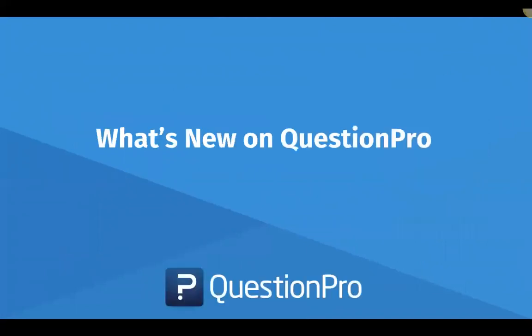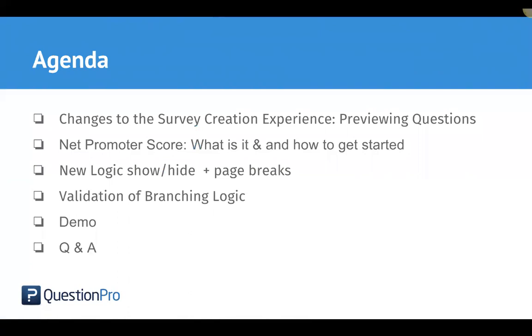And in this month's topic, we're going to talk about what's new at QuestionPro. On our agenda, we will discuss changes to the survey creation experience, the ability to preview questions to determine whether you want to upgrade to the next level of the license or not.